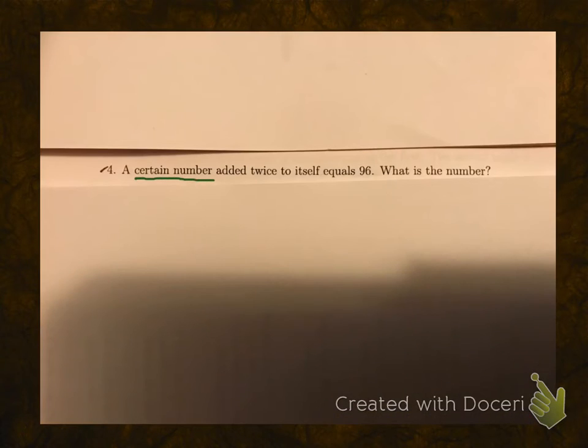Alright, next. A certain number, we'll call that x, added twice. So, added once there and once there to itself. So, x and x. That's going to equal 96.